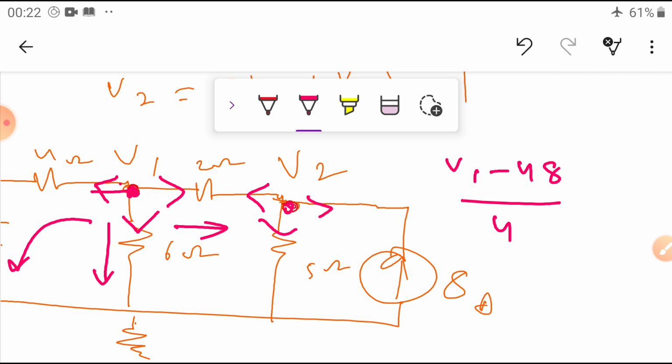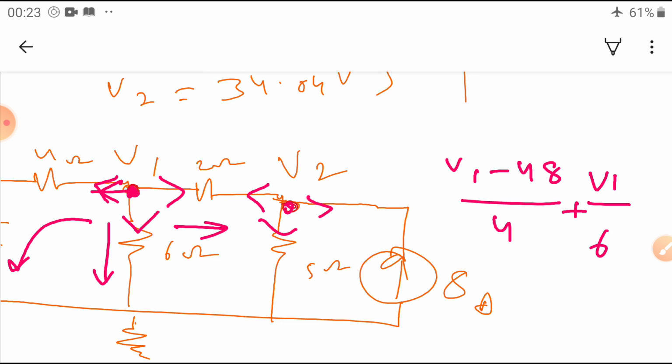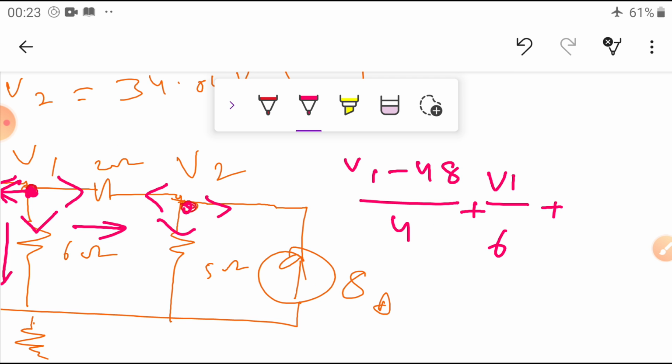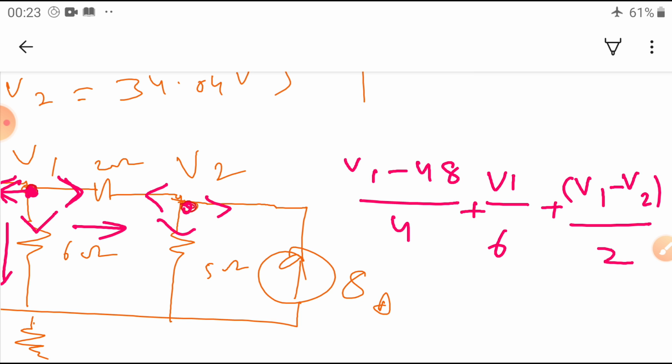Plus this current, V1 by this resistance, V1 we don't know, 6 ohms. Plus this current, V1 minus V2 by the resistance, 2 ohms.